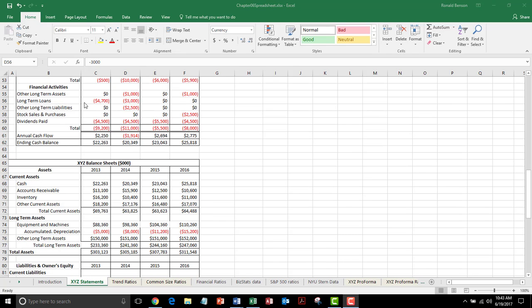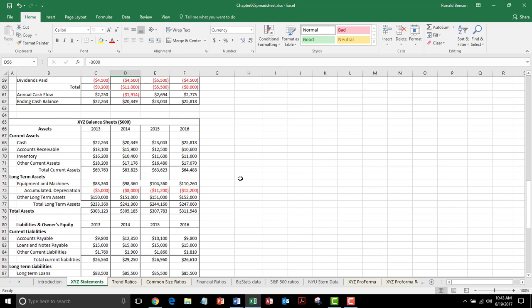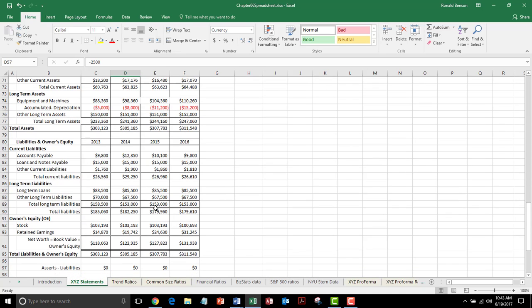Long-term loans went down by 3 million, which is just what we saw here, 88 down to 85, so forth. Other long-term liabilities, here they went down by 2,500,000, which you can see that 70 million to 67.5. So you get total long-term liabilities. Total liabilities are the sum of short-term and long-term.